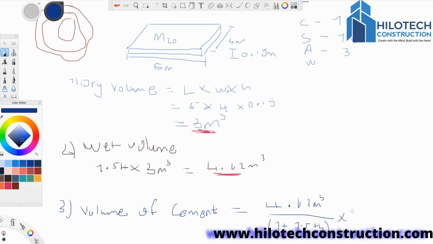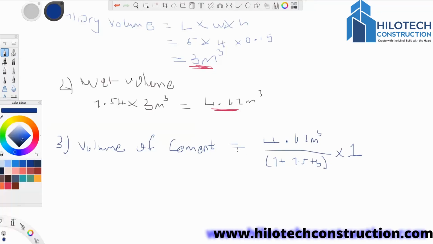And of course, we multiply this by 1, which is the ratio. Okay. So that is equal to 0.84 meters cubed. Okay. All right.